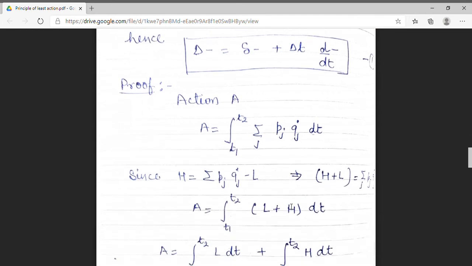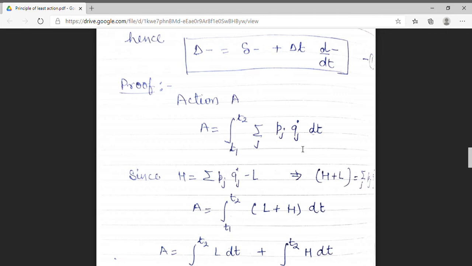Now, we are going to prove the principle of least action. For this, I am starting with the action A. Action A is defined as the integral from t1 to t2 of summation j pj qj dot dt.